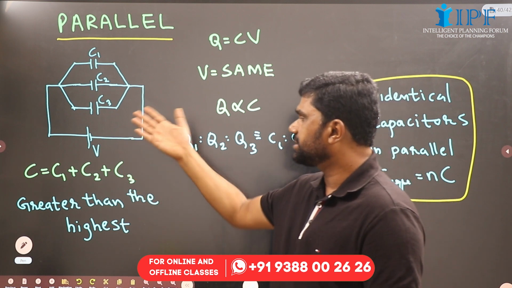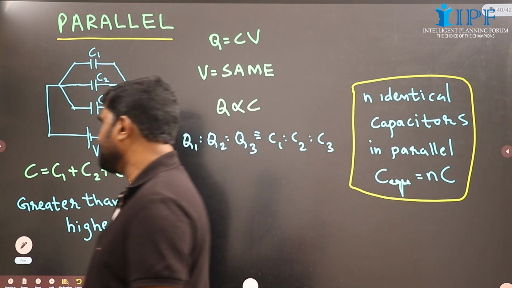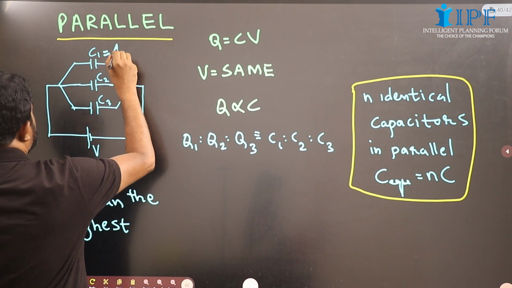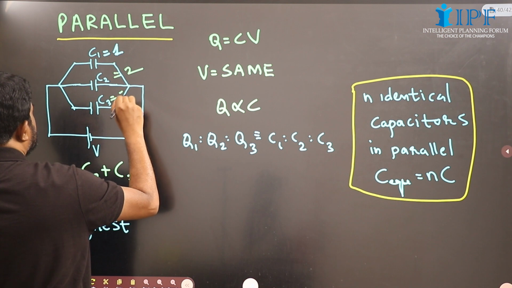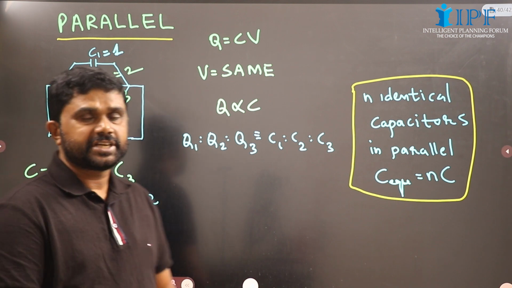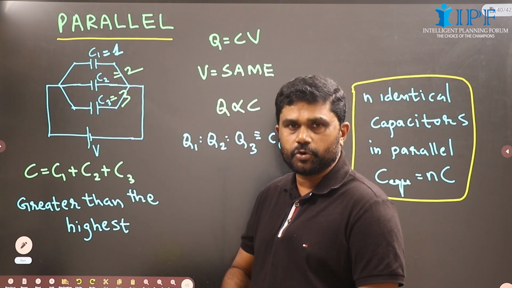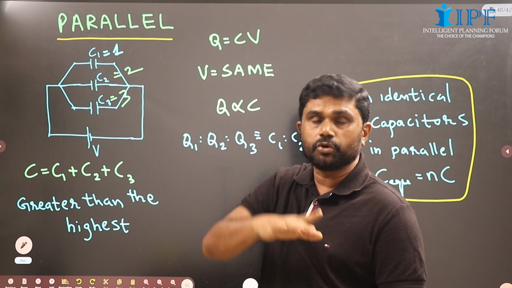Suppose here we have connected 100 volt, and here we have say this is 1 microfarad, and suppose this is 2 microfarad and this is 3 microfarad. The voltage applied is 100 volt. So the voltage across this will be 100 volt and charge on it will be 1 into 100, means 100 microcoulombs.